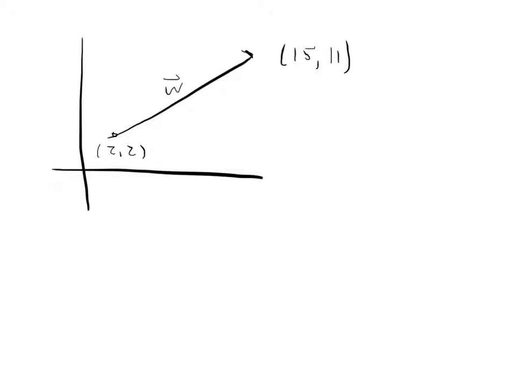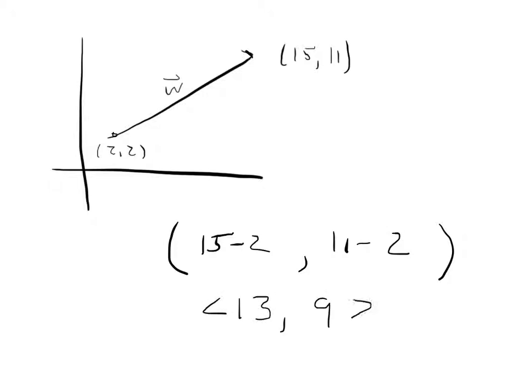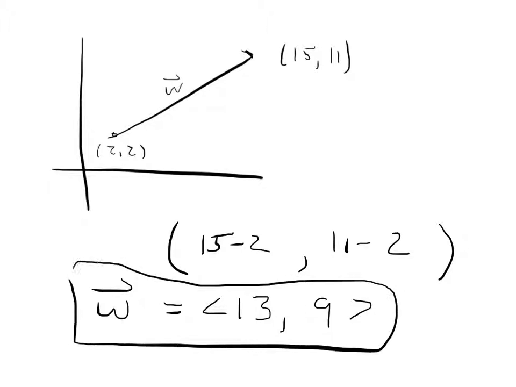So the horizontal component is going to be 15 minus 2, and the vertical component is going to be 11 minus 2, or I could call this vector 13, 9. And again, I'm going to use the notation that allows us to see that it's a vector. Our textbook is going to use notation that makes it look as if it were coordinates of a point.